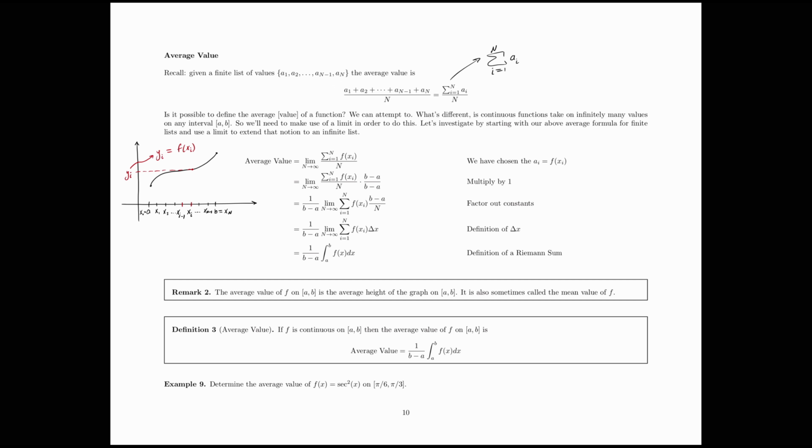So that's exactly where this numerator comes from. We split this, we approximate the average value of the function by figuring out the value of the function at a finite number of points, figure out the value of f at all of these points, and then take that average over n points.